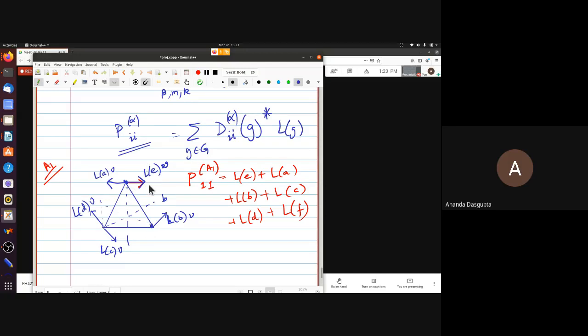And this vector will turn through 240 degrees. This is 180, 60 degrees more. So which way will it point? Yes? Opposite to LBV. Exactly, it will point this way. So not LD, this is LF. Yes.